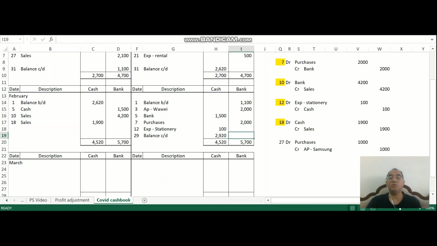So I want to find my balance c/d. I take 5,700 minus 1,000 minus 2,000 minus 2,000. So I have my balance c/d of 600. So then we have finished doing our February cash book.